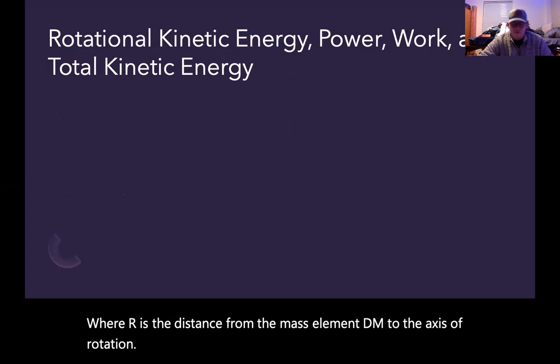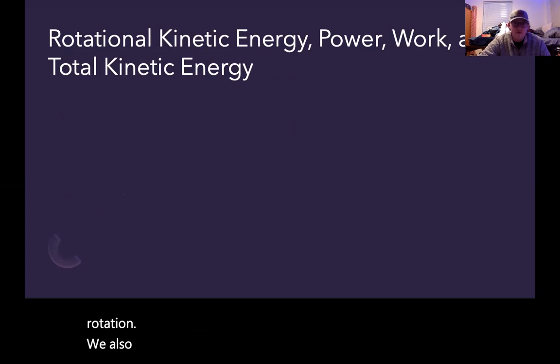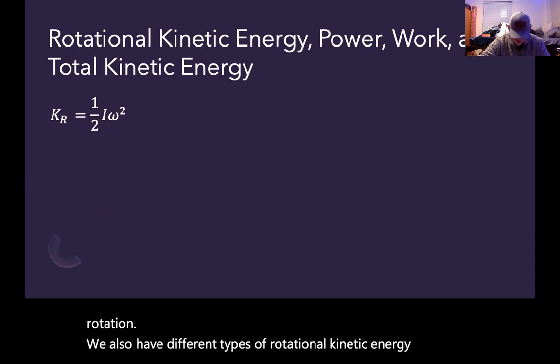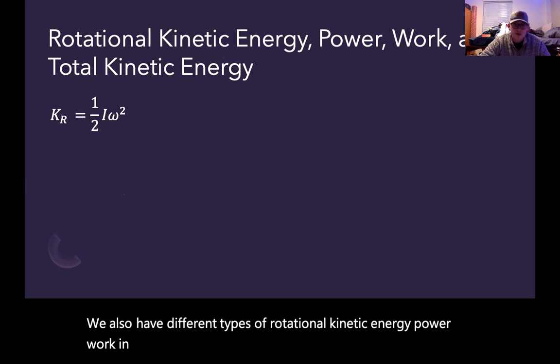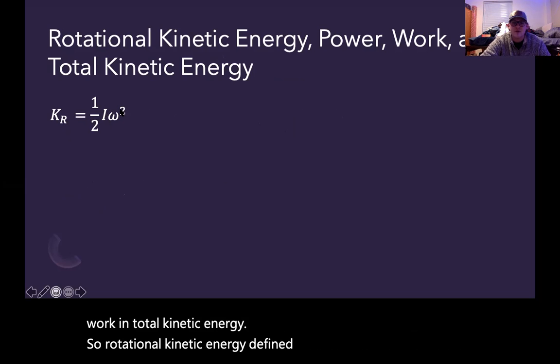We also have different types of rotational kinetic energy, power, work, and total kinetic energy. Rotational kinetic energy, defined as K sub r, is equal to 1/2 times the moment of inertia times omega squared.